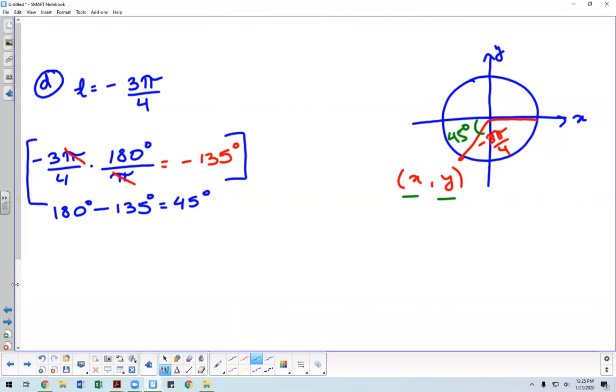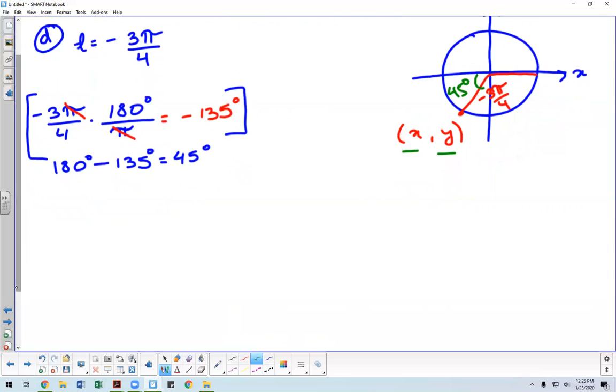This is where you can use the idea of that isosceles triangle. So you have 90 degrees here, 45 and 45.